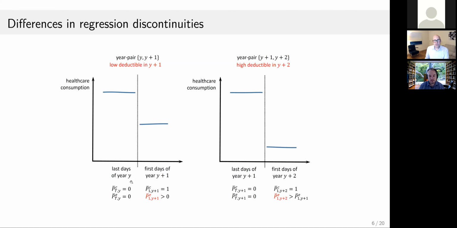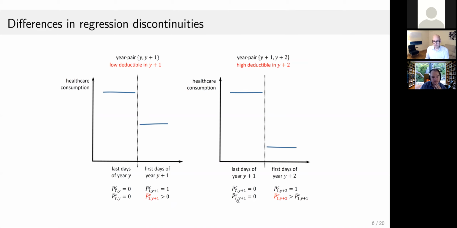Now, 2 things are going to happen when they enter the new year. The current price will become 1 because deductibles reset at the beginning of the year, and also the expected end of year price will be positive, because the expected end of year price is the expected price these individuals will pay for the last unit of care consumed in year Y plus 1, the second year of the year pair.